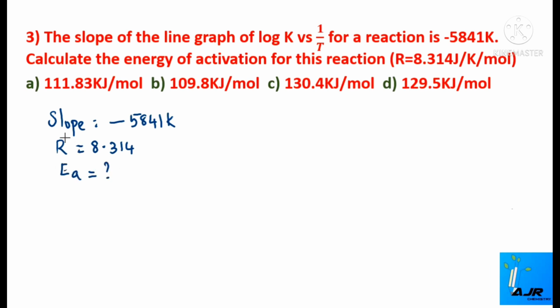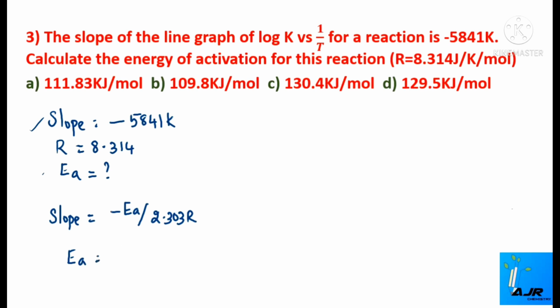So what is the formula which relates this slope with that of EA? We'll write the formula. Slope is equal to minus EA by 2.303 into R. Okay, and we are in need of EA.